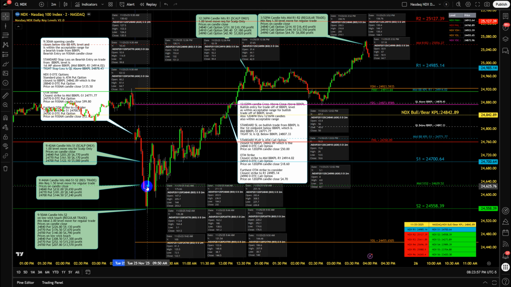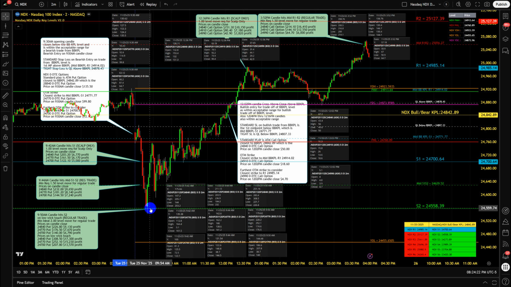However, it does apply as far as acceptable and unacceptable range. That part is going to apply to any bullish or bearish trade off of any main level. So that here is still an acceptable range for a trade off of this level if you were inclined to take the bullish trade here.